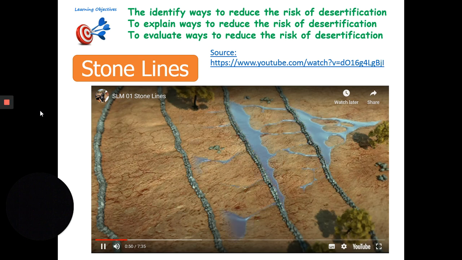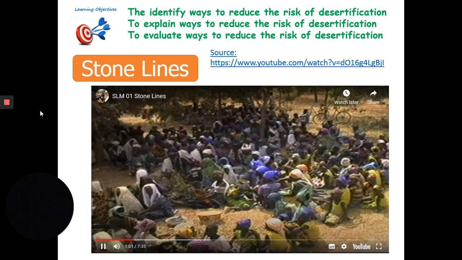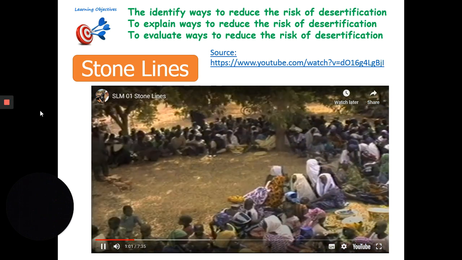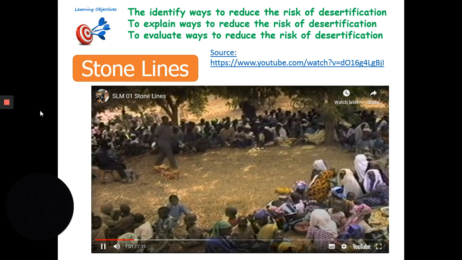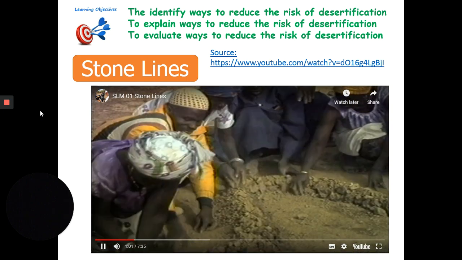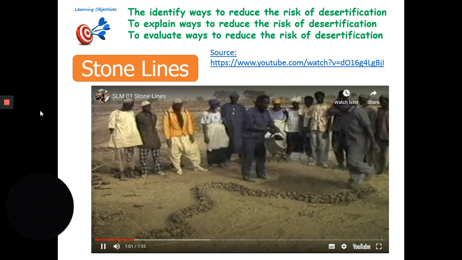A few farmers, in fact, had practiced this traditionally. Development agencies picked up the idea of improving and promoting this simple, cheap water harvesting system. One project in Burkina Faso used a model and a watering can to show farmers how the system worked.